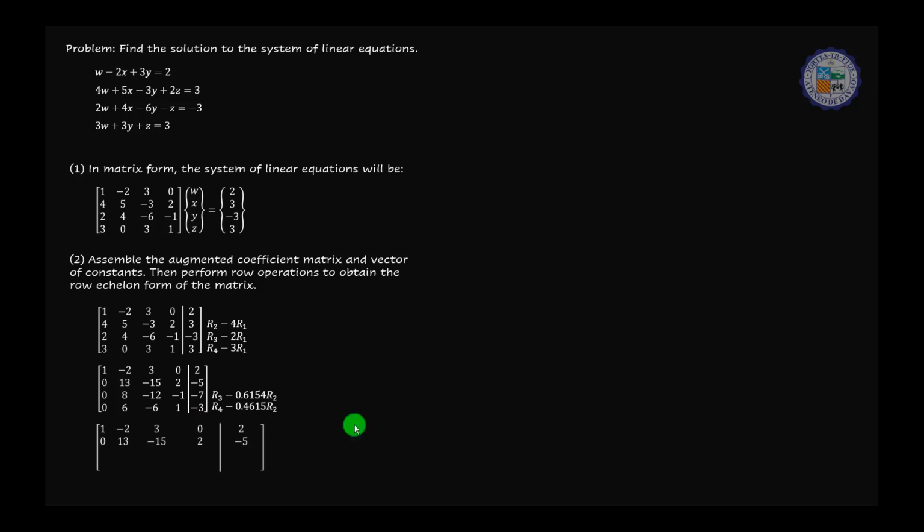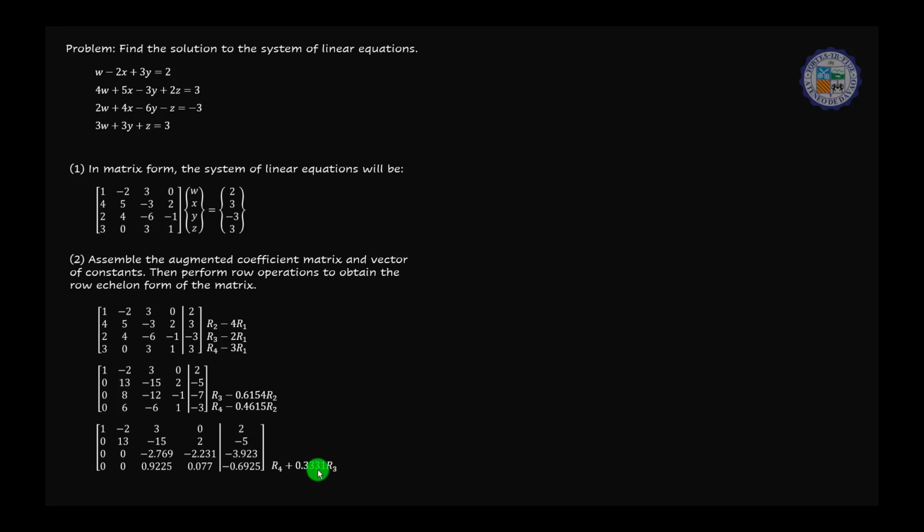Upon computation, we find the new elements of row 3 to be equal to that one, and likewise for row 4. The next target is to convert this number 0.9225 into 0 by performing this operation: row 4 plus 0.3331 of row 3.